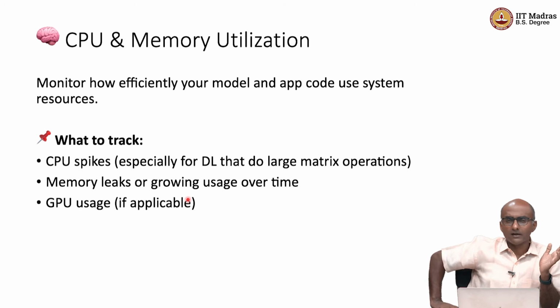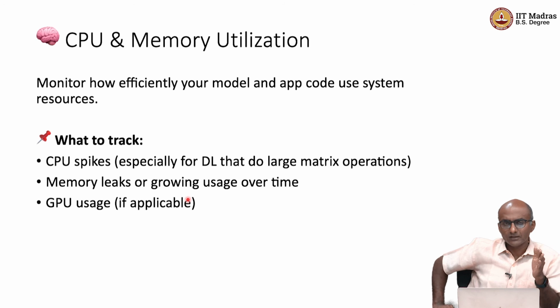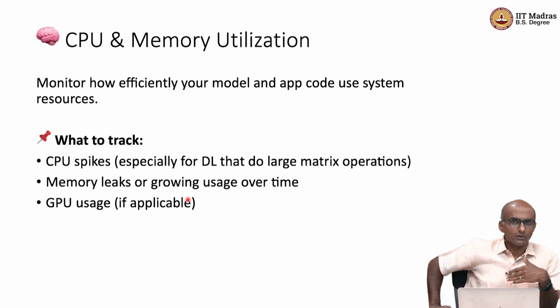So here, I'm interested in monitoring the resources themselves and specifically the CPU and memory, because those typically get bottlenecked quite easily, and how efficiently these are getting used by the system. So here you're looking to track CPU spikes, especially for deep learning models which have matrix-style operations. If you don't have GPUs, then you're going to see that impact on the CPU quite drastically.